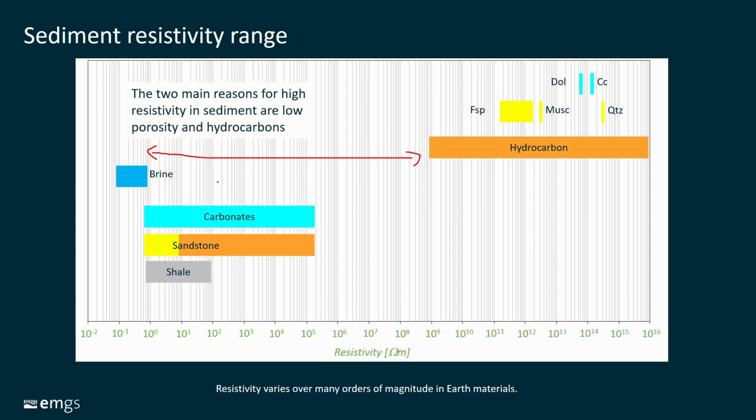So it's typically a function of porosity. All relationships that explain sediment resistivity do so by taking into account the properties of the brine, because you can see here brine actually itself spans quite a wide range of values. So in order to figure out sediment resistivity, you need to take into account the properties of the brine and the amount of brine in the sediment.